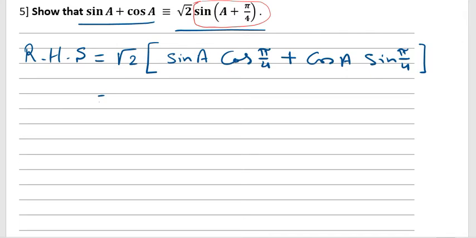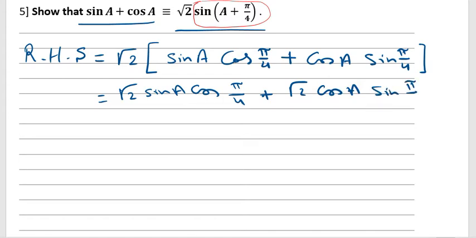Then we multiply root 2 by the bracket to expand: root 2 sine a cosine pi over 4 plus root 2 cosine a sine pi over 4.